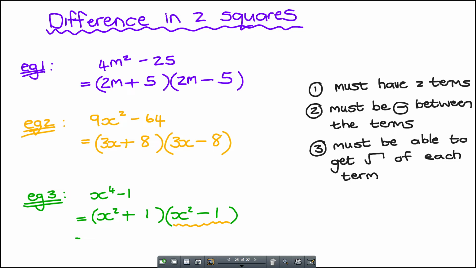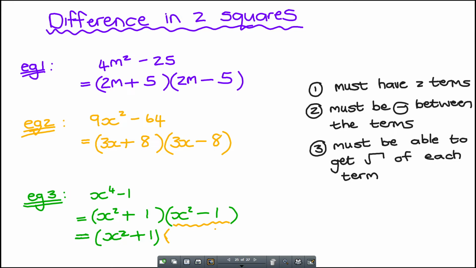Because someday my pen will write, I will give you the answer. That's it. So x squared plus 1 stays like it was. Okay. Now this bracket can go even further.